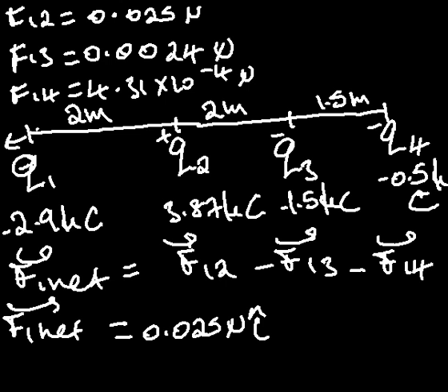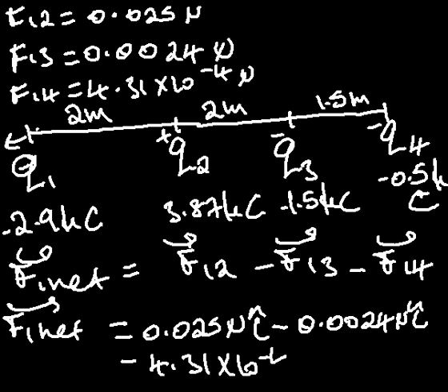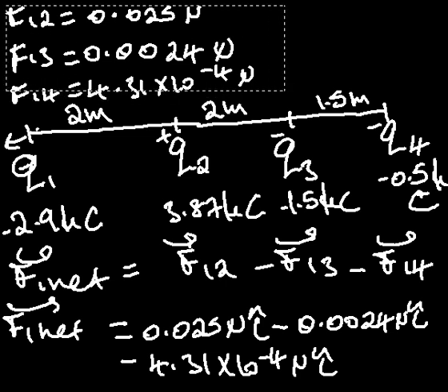What is F13? 0.0024 newtons, that is also i as well. And we have minus 4.31 times 10 to the power negative 4 newtons, that is also i. Then you will have to add those up, since they are in the same dimension.